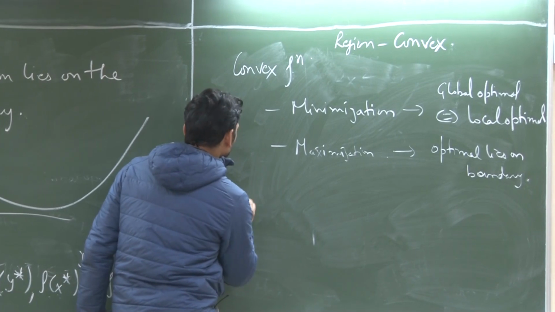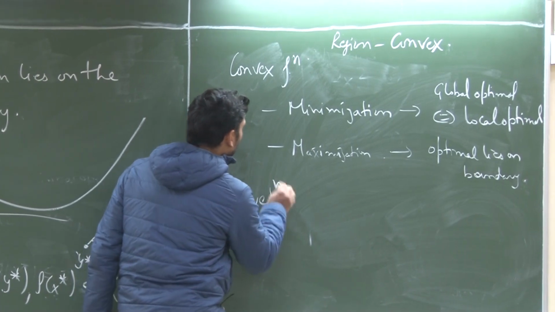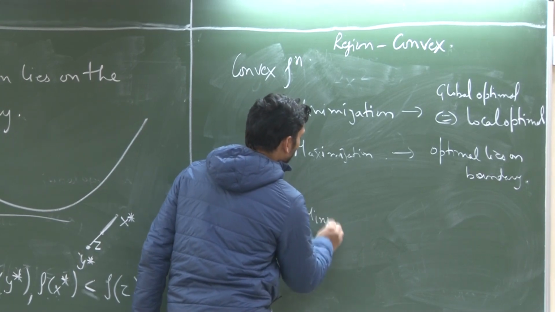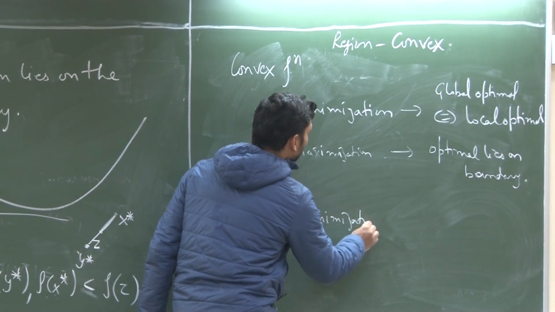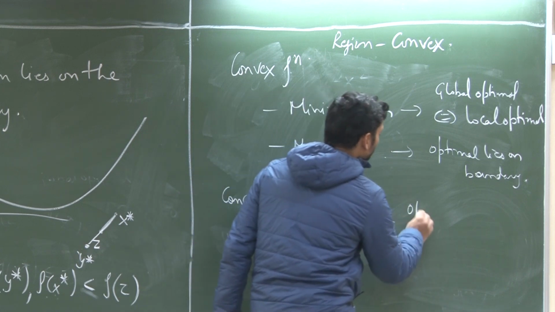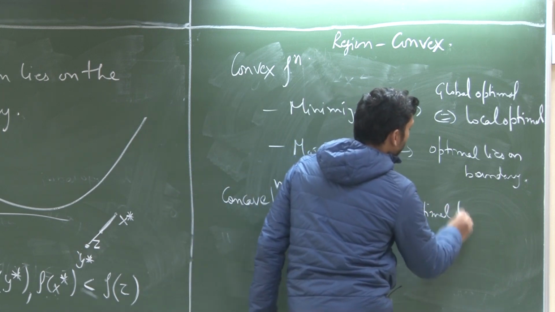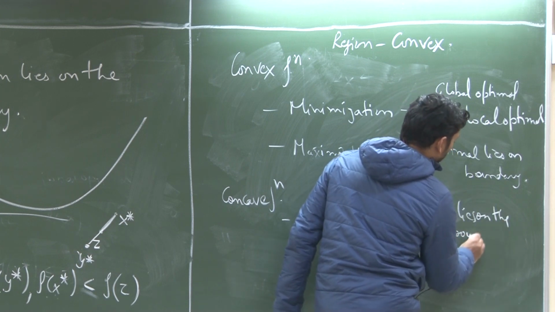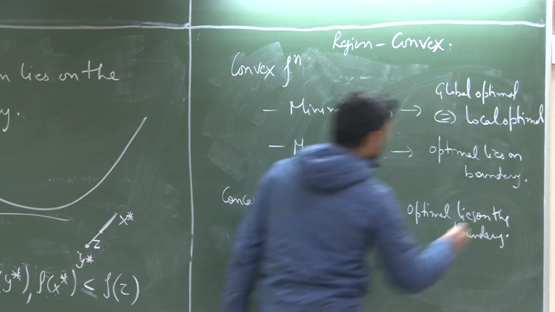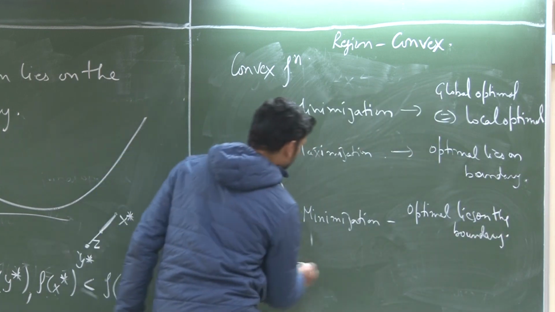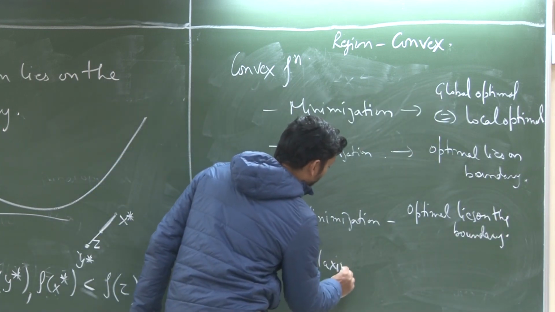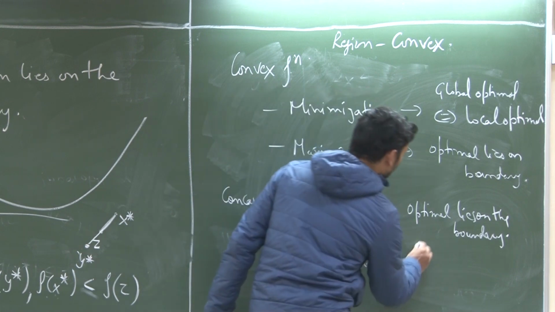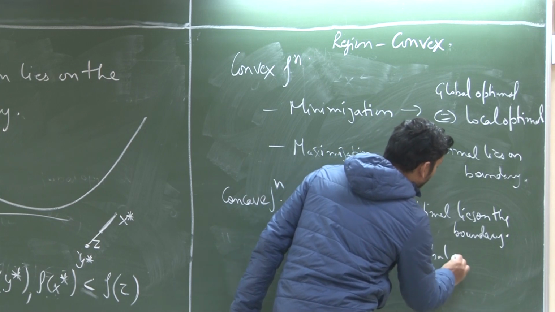Now, a similar thing, if I write it for concave functions, I would say that if it is minimization, optimal lies on the boundary or the vertex if your feasible region is convex, and for maximization, global optimal is same as local optimal.